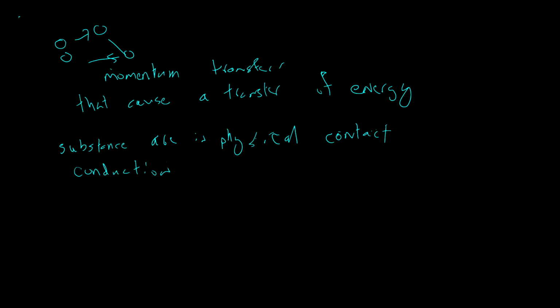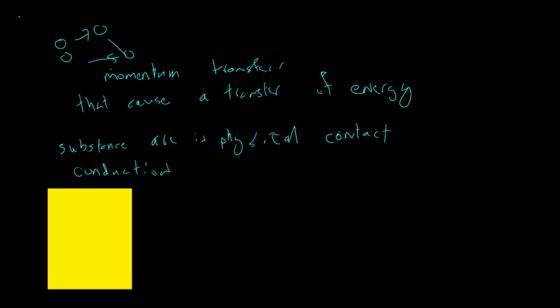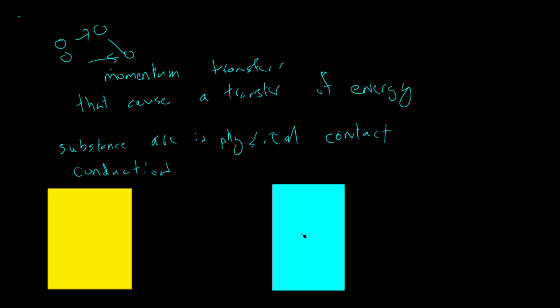Now, the model that tends to get used is we think of an object and a secondary object at two different temperatures.